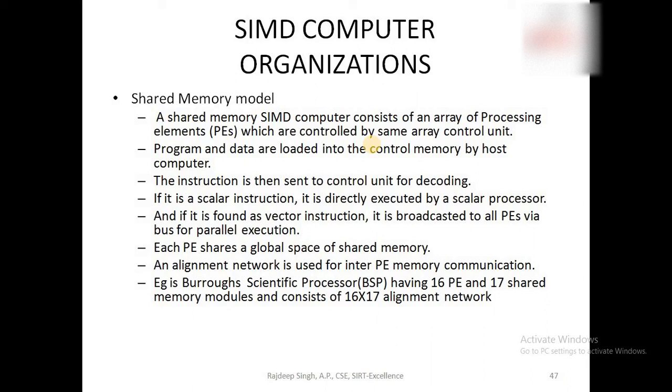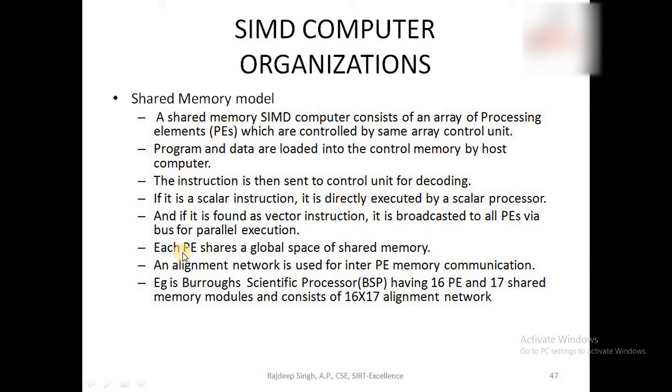If the decoded instruction is of scalar type, it is directly executed by a scalar processor, and if it is a vector instruction, it will be broadcasted to all processing elements via bus for parallel execution. PE is the short form of processing elements. Now this sentence is different from the previous one.